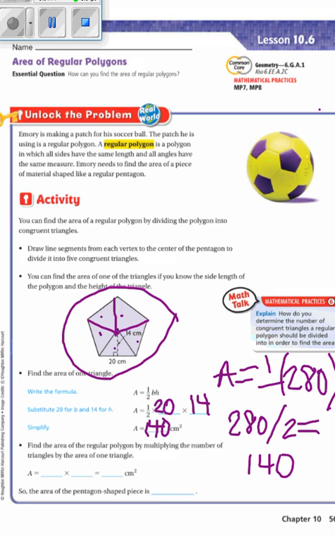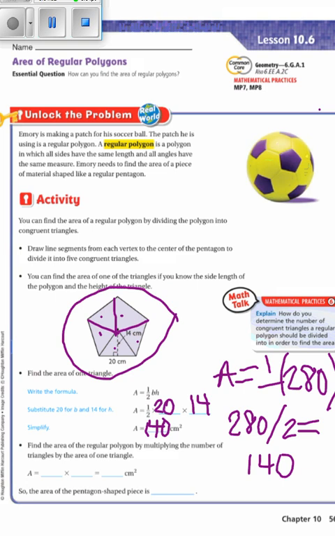This next part is the part of the formula that is brand new for today. Area equals the area of the triangle times the amount of triangles that are inside of your polygon.